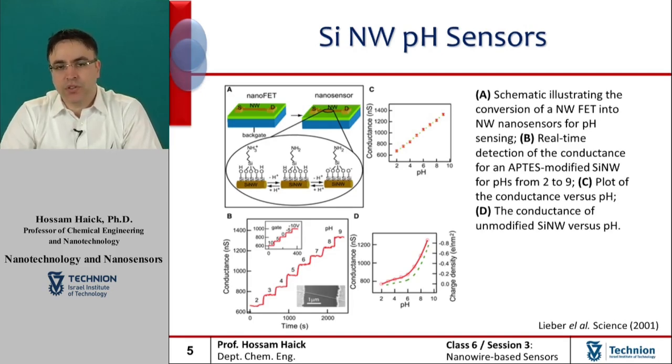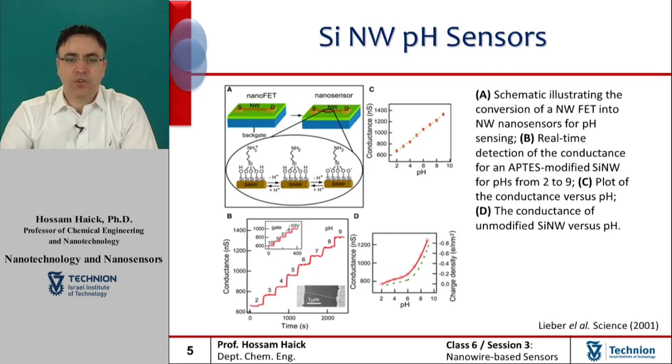Changes in the surface charge due to these reactions change the electrical properties of the nanowire. Measurements of the conductance as a function of time and solution pH demonstrate that the nanowire conductance increases stepwise with discrete changes in pH from 2 to 9. And this can be seen in figure B on the screen.